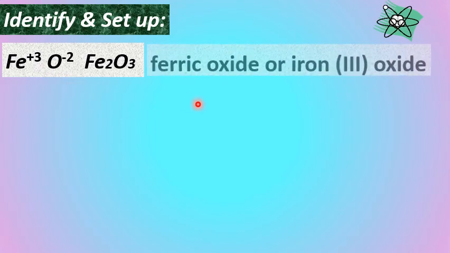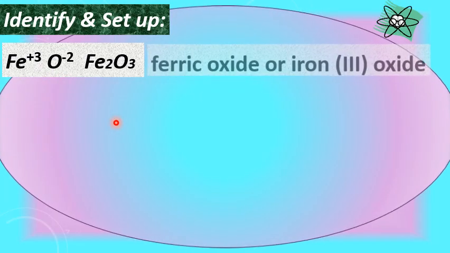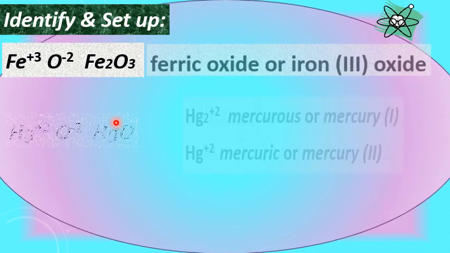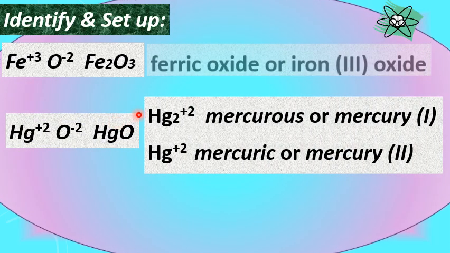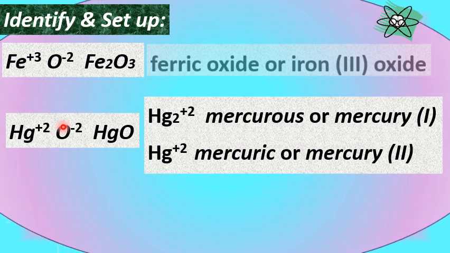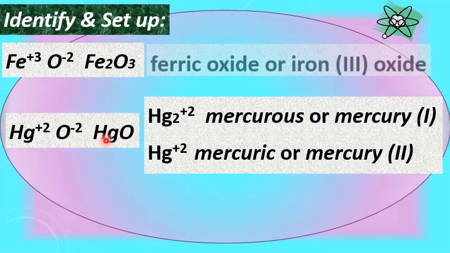And our last example is when positive 2 mercury ion combines with the negative 2 oxide ion to produce the compound HgO.